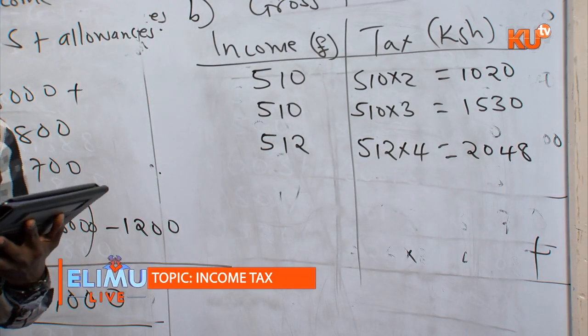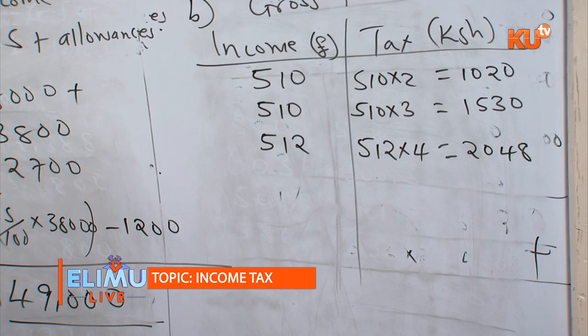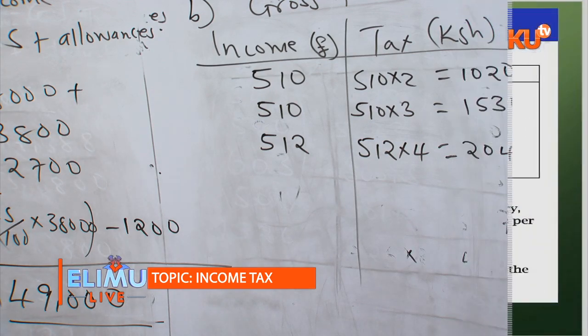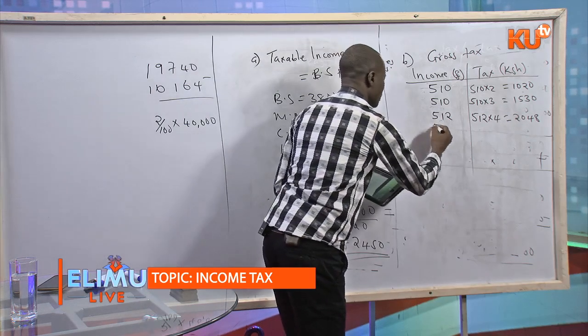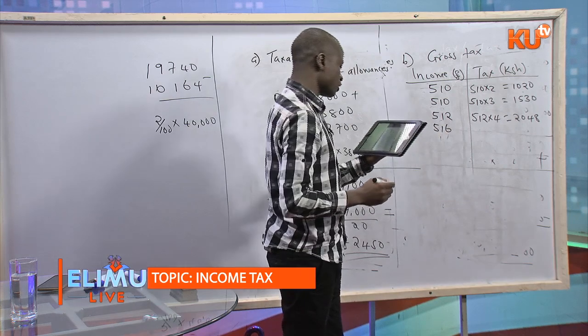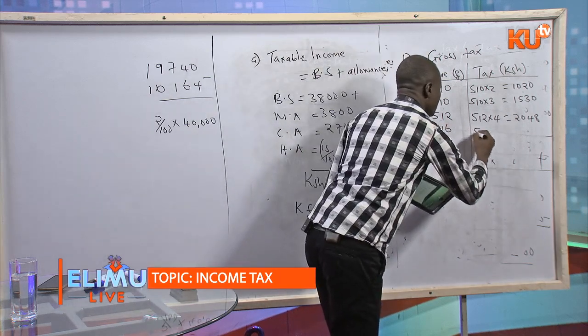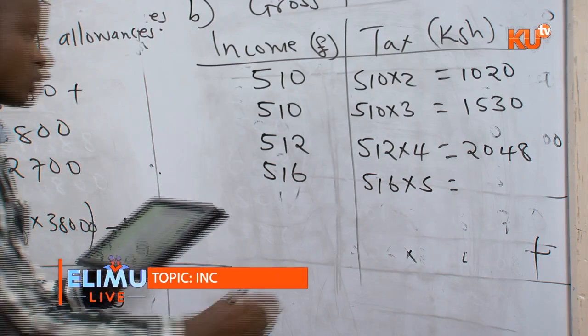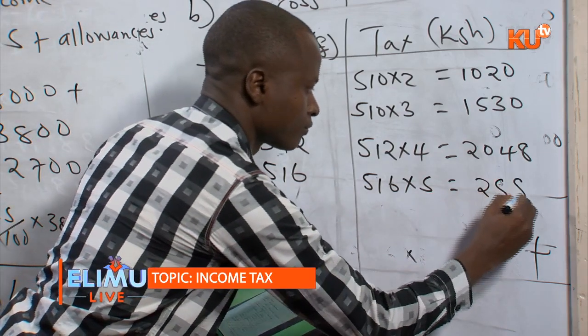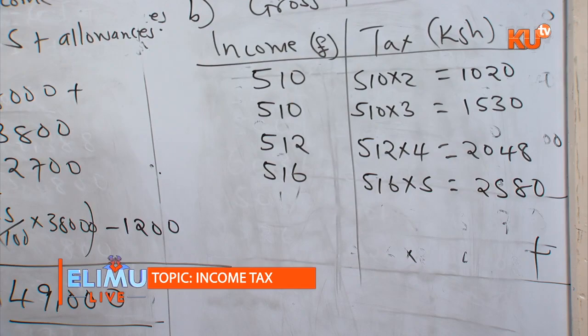Let's continue. The next one, 2048 minus 1532. That should give us 516. At a rate of 5, that will be 516 times 5. You get 2580.